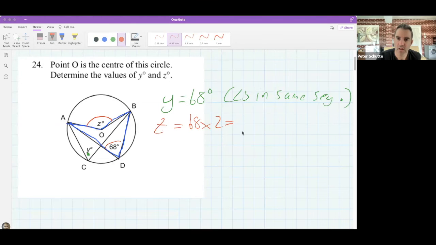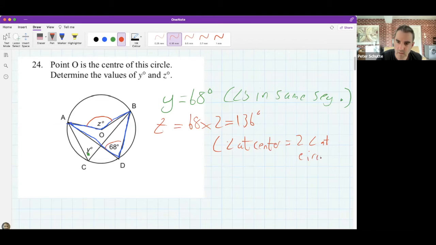That's 136. Perfect. So that would be 136, and it would be, like you said, angle at center equals twice angle at circumference. Lovely. Thank you so much.